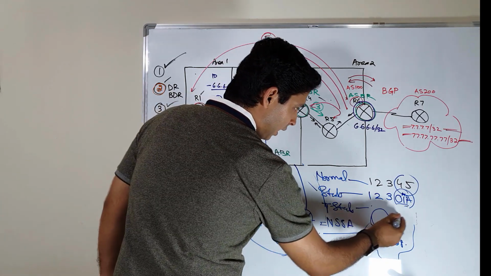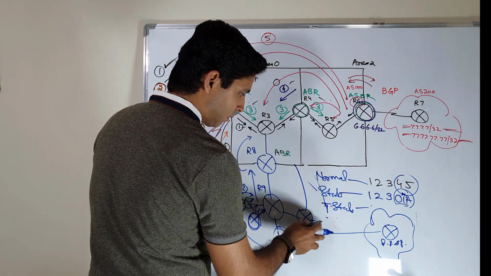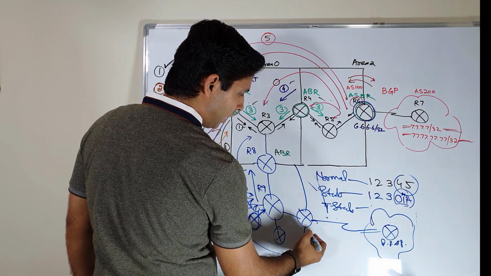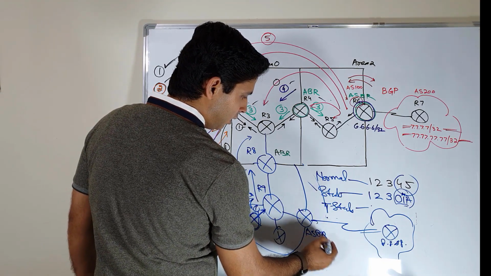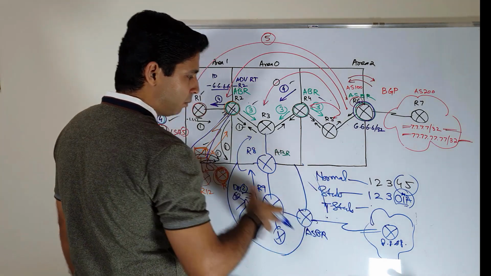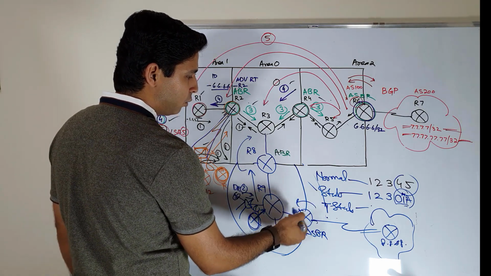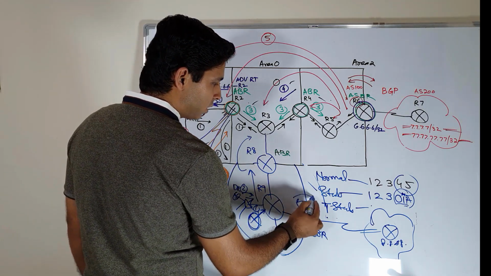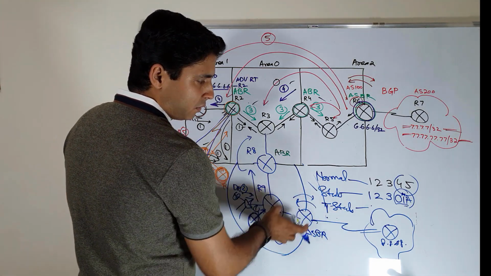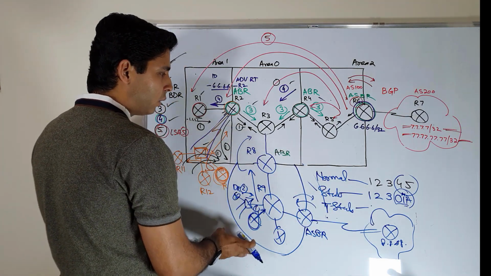Let's say we have another ASBR here which is connecting us to the outer world, and these routes are being imported, and we need to do the redistribution here, and we need to export some routes as well to the external domain. We have BGP, we can have RIP, we can have static routes, whatever we have, but these are external routes being imported into the NSSA.